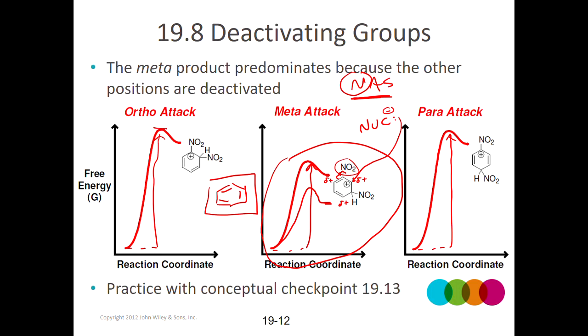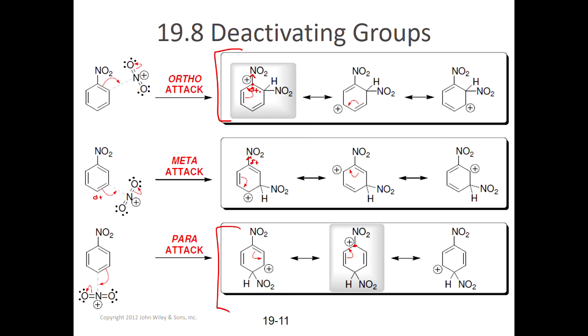And so we see those transition states and intermediates especially high in energy for the ortho and para EAS reaction. That's why if we have a nitro group or other electron withdrawing group on the ring, it should pretty much always direct the next group to end up in a meta position, specifically to avoid the high energy extra repulsion that occurs during the transition state whenever that positive is on a carbon directly attached to the electron withdrawing nitro group.